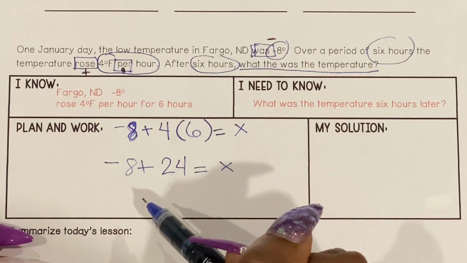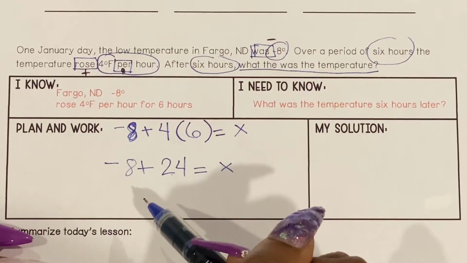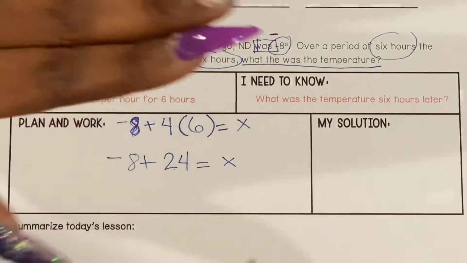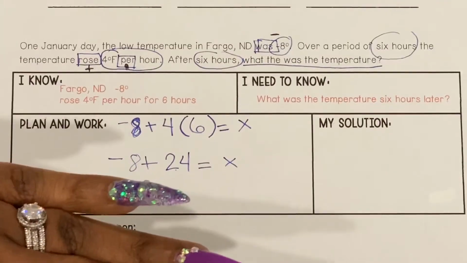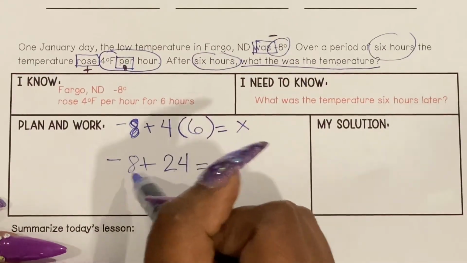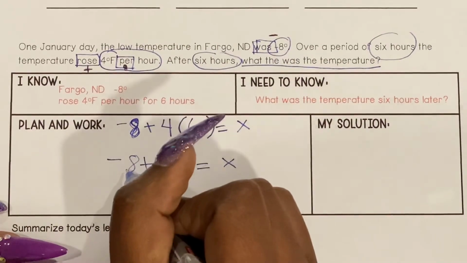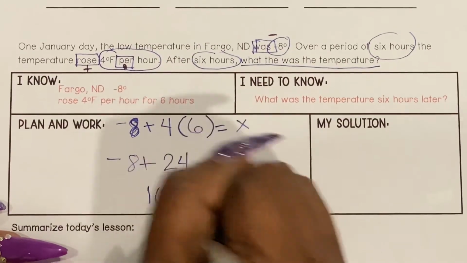When you're adding and subtracting, what is the rule for your negative numbers? If it's a different sign, subtract. Same sign, add. Different sign, subtract. We have different signs, which is to subtract. So if I take 8 off of 24, I'm going to get 16.